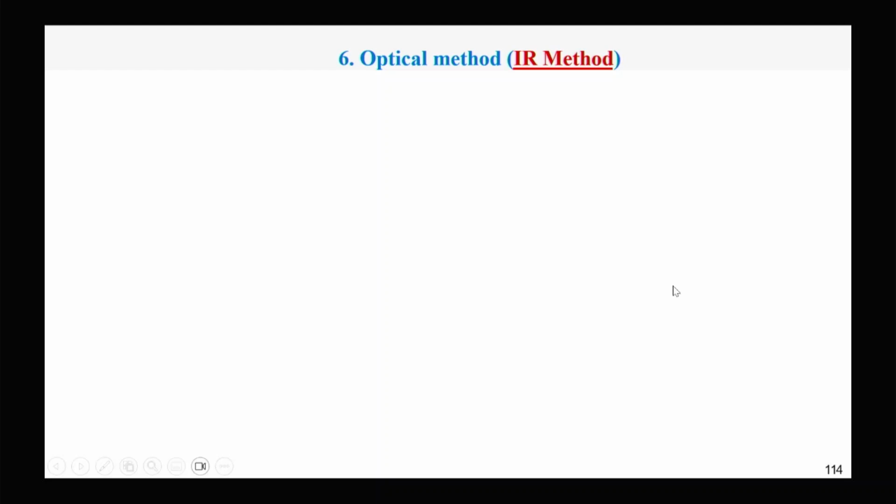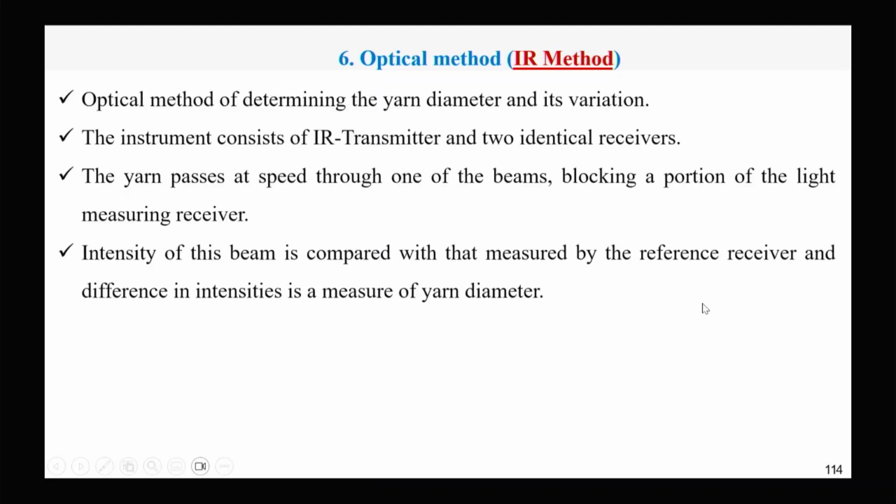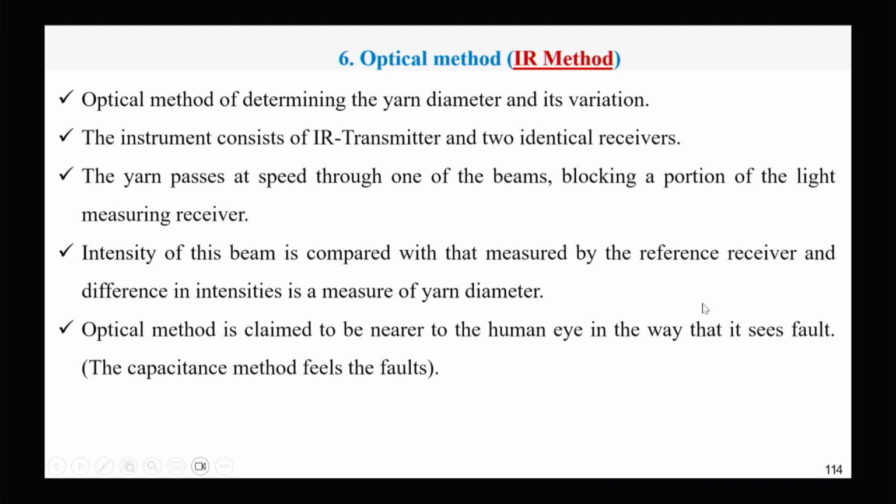Now another method is the optical method, which has an infrared sensor. So the optical method determines the yarn diameter and its variation, and it works on the IR transmittance method. Yarn passes through one of the beams and blocks the light.